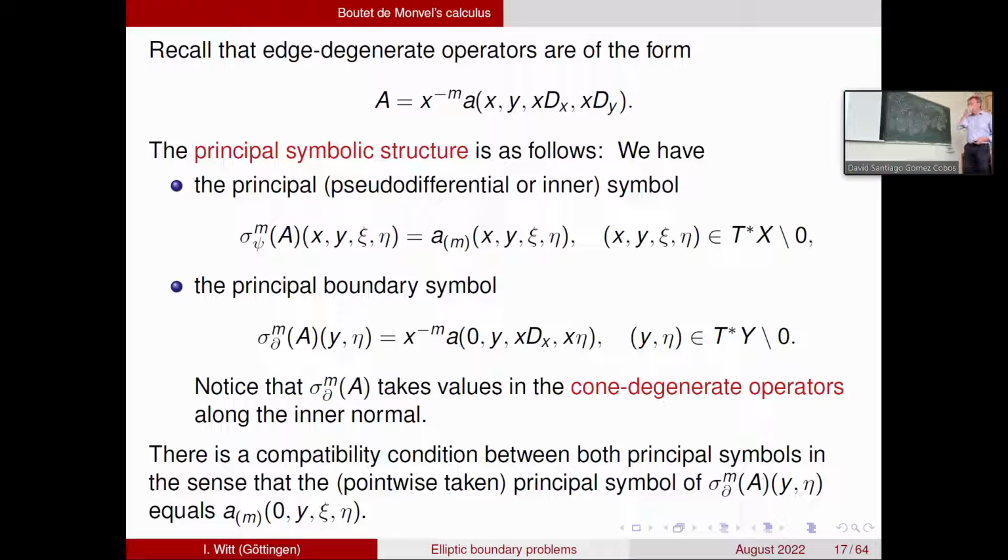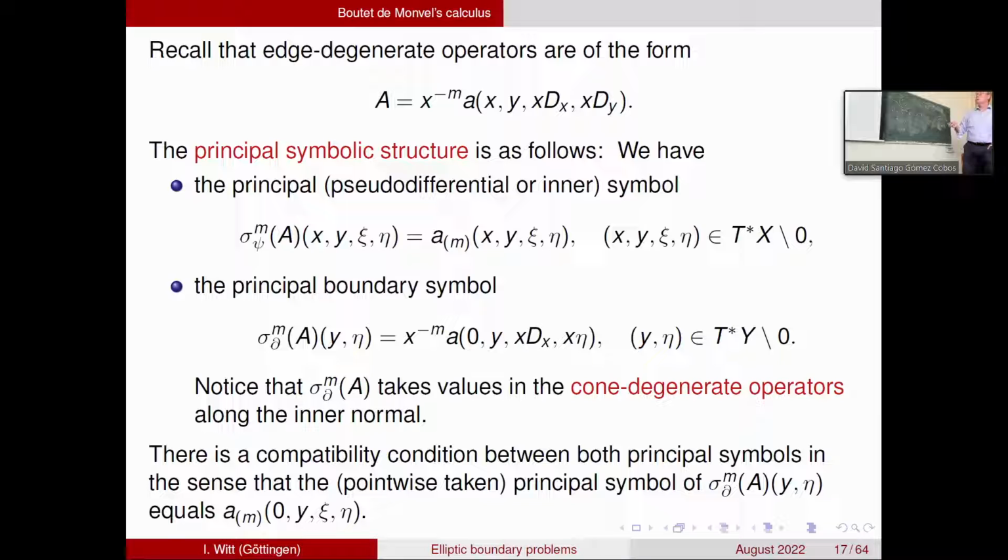The point is that this is an operator function depending on y and eta, and it takes values in the cone-degenerate operators. So if you want to understand edge-degenerate operators, one has to understand these cone-degenerate operators first. This is what we are going to take, and tomorrow I will tell you more about this edge thing.